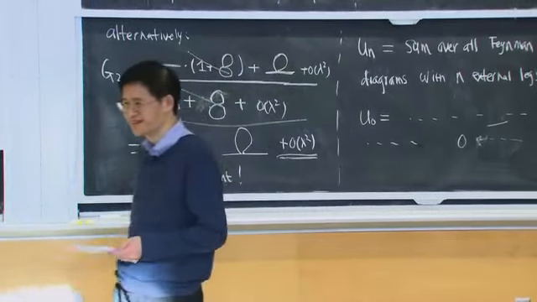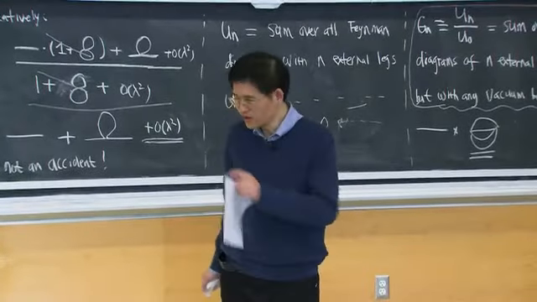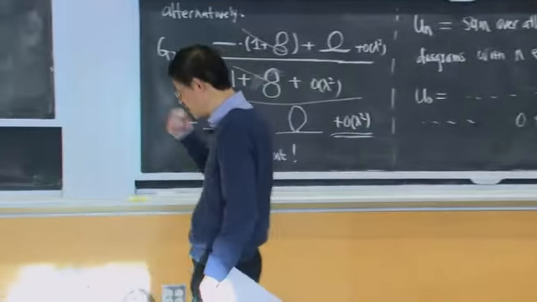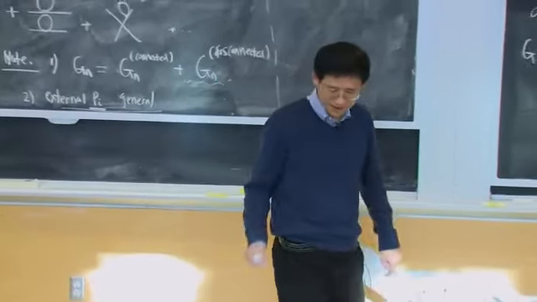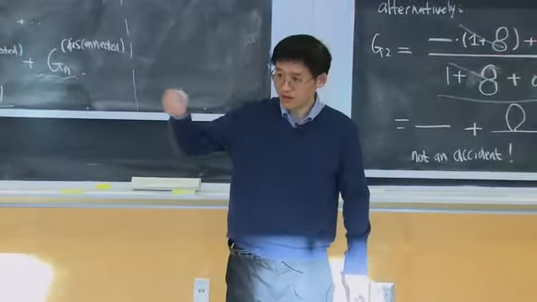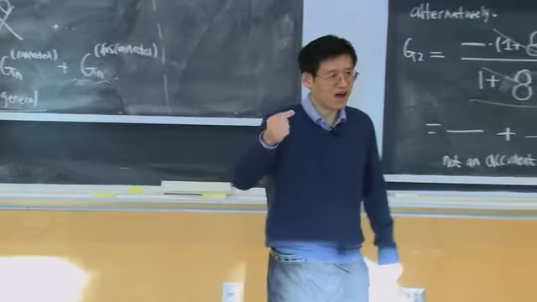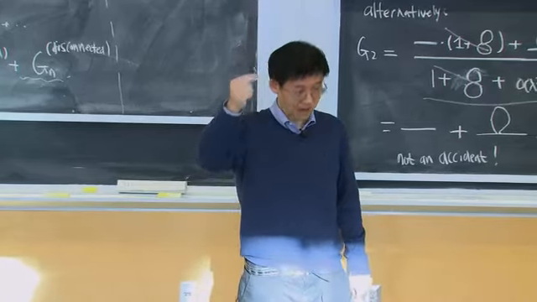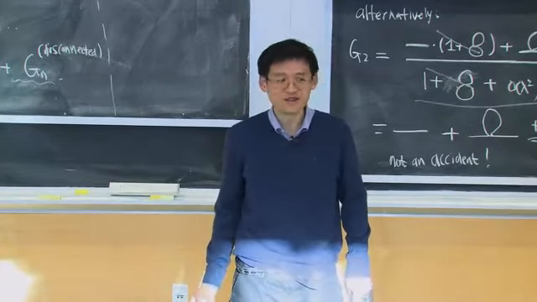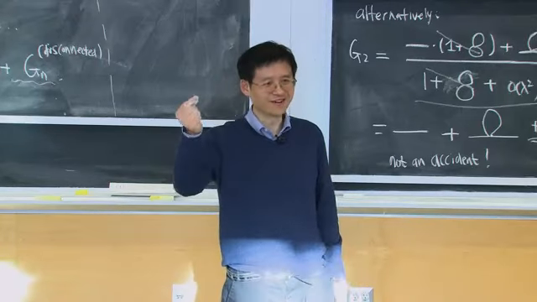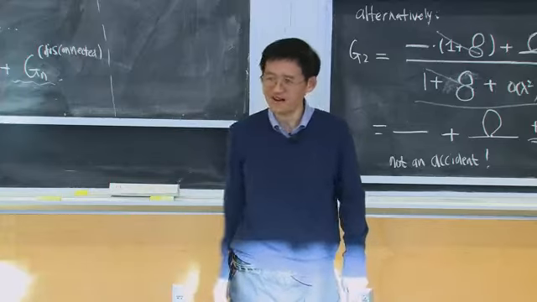There's only one trend, which you can show: when you go to nth order, roughly how many diagrams are there? M factorial, that's right. So it's quite a lot of them. Once you go to, say, fourth or fifth order, it becomes a lot.